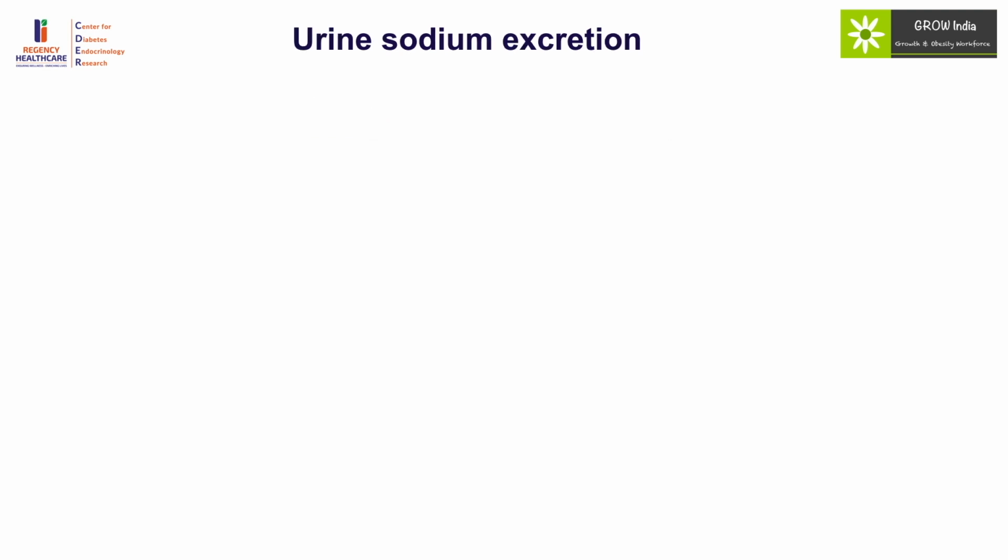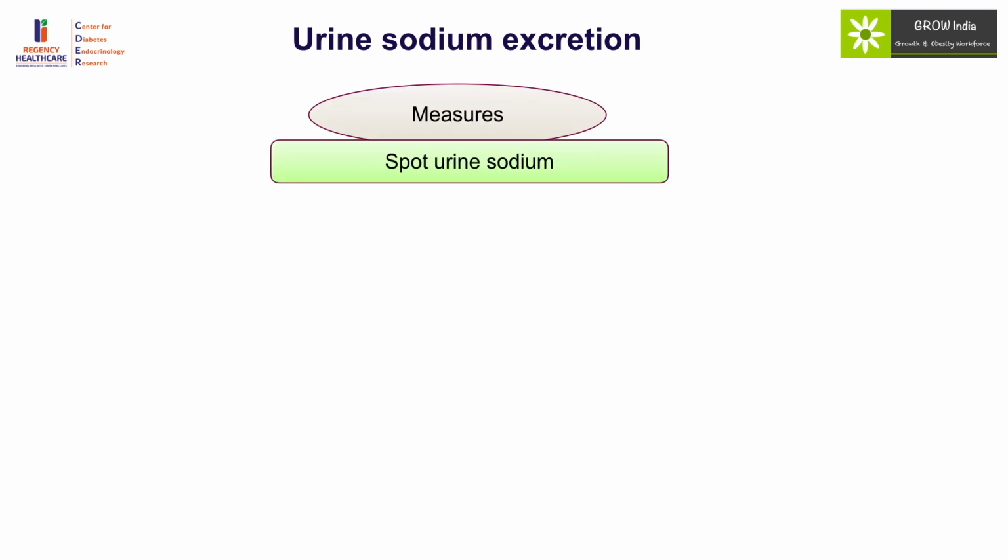A very important cause of sodium abnormalities is the urinary abnormalities as far as the sodium excretion, and therefore urinary sodium excretion is very important to assess in any child who has hypo or hypernatremia. This can be measured using a spot urine sodium, which is a reasonably reliable form because there is a huge discrepancy between the various causes of hypo or hypernatremia.